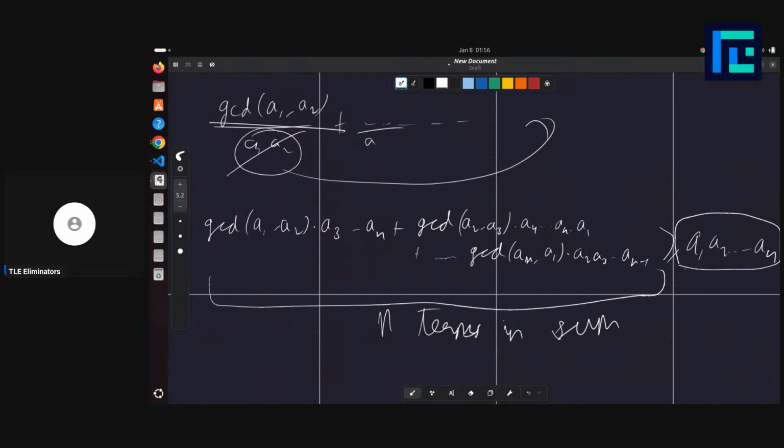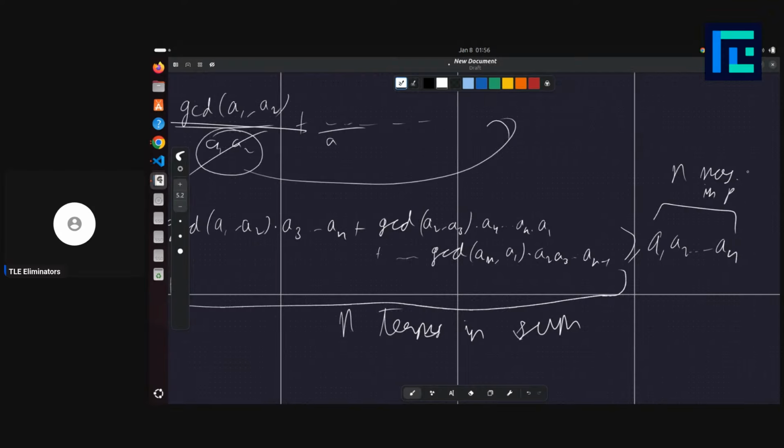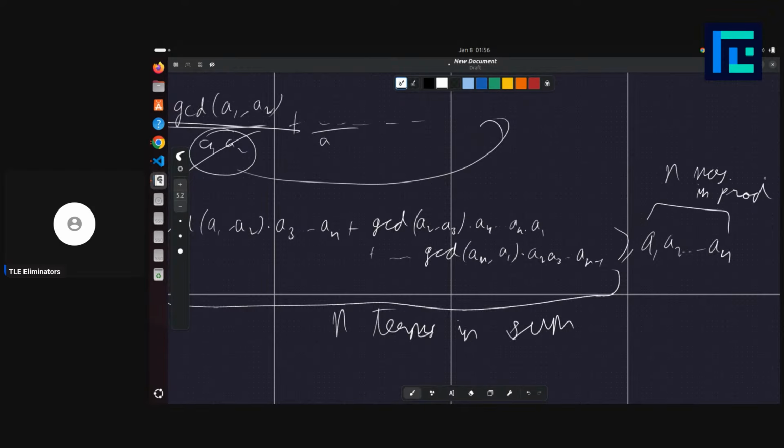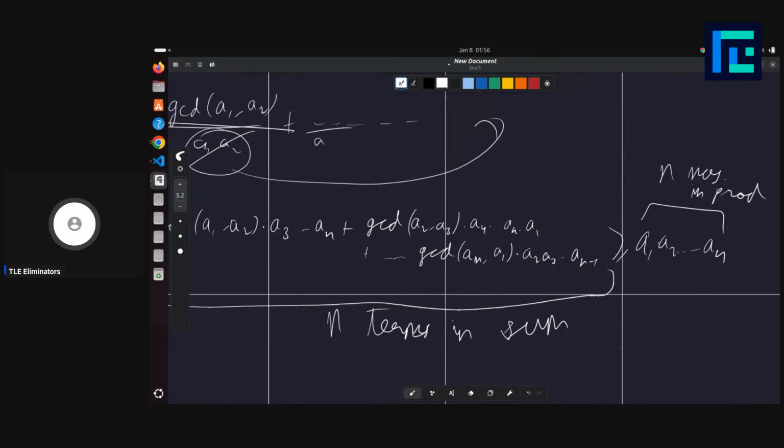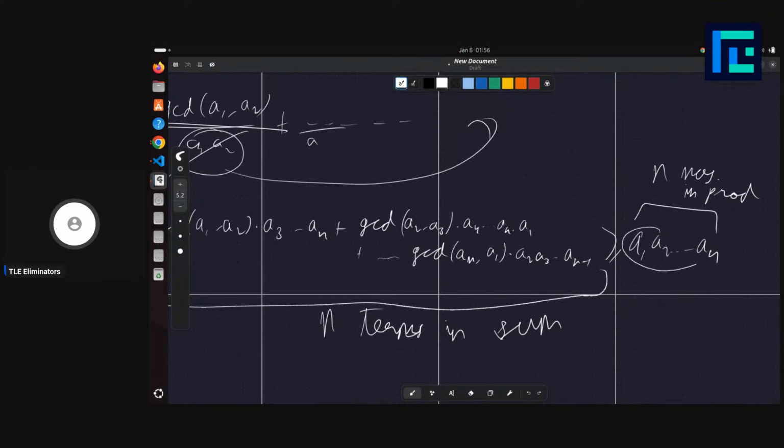And we have a product right here. Like these are n numbers in product, right? So this is a1 a2 up to an, right?